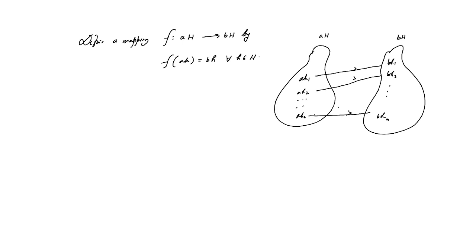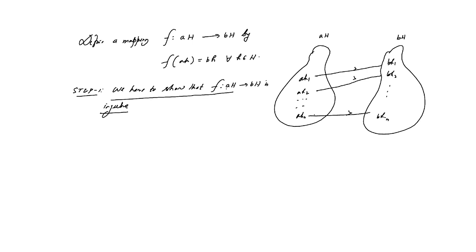Now we will check this map is bijective. So first, what will be our step 1? First we have to show that the map from aH to bH is injective. So what will we do?